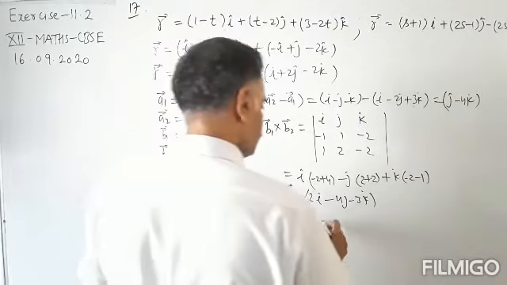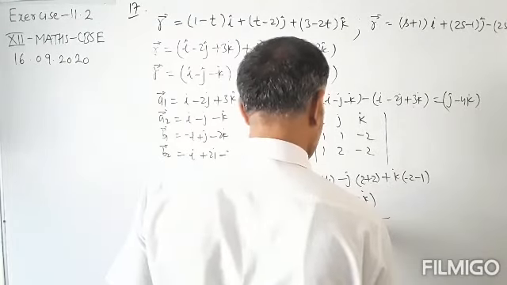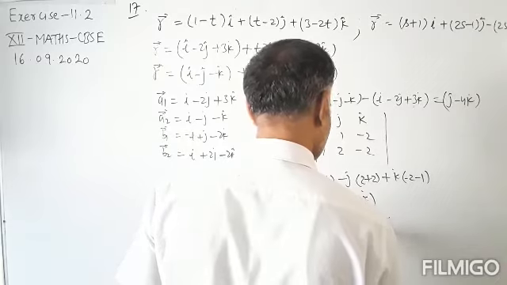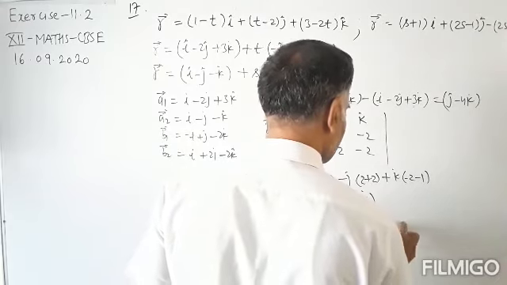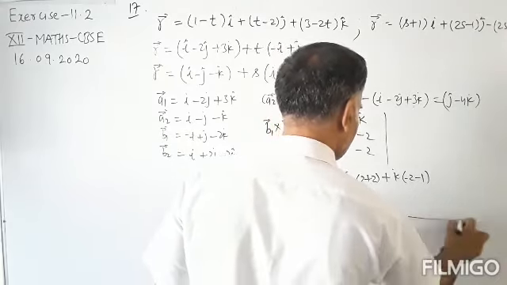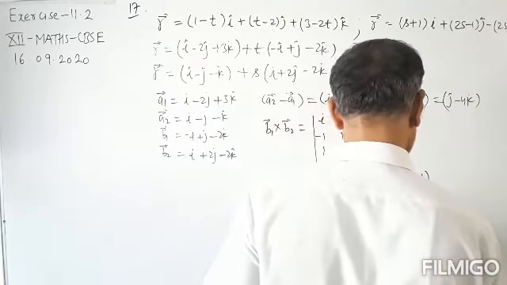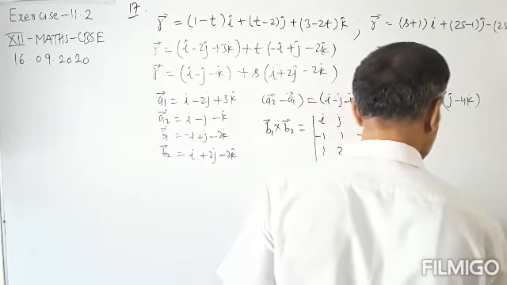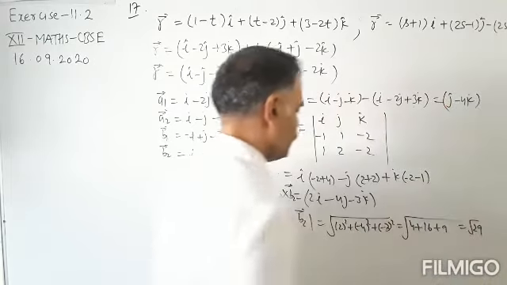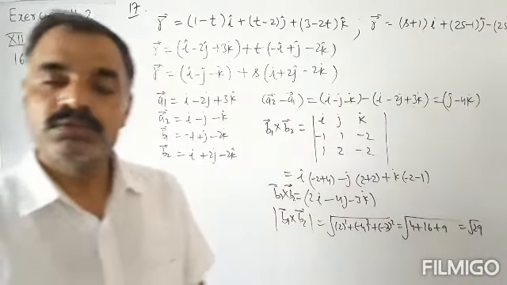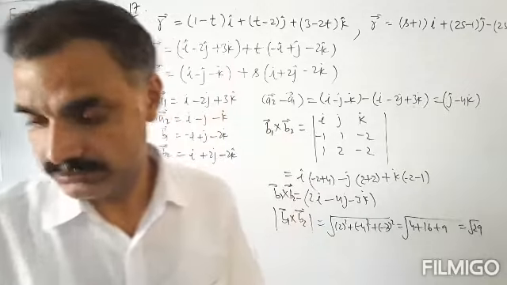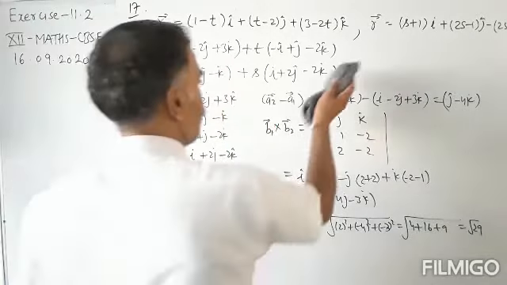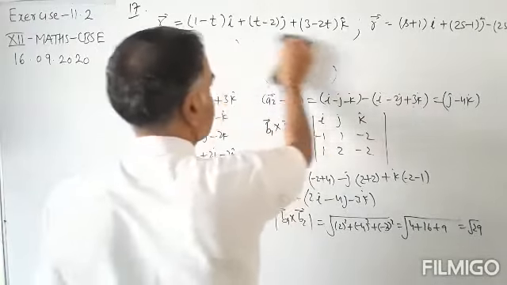This equals under root of 2 squared plus (minus 4) squared plus (minus 3) squared, which is under root of 4 plus 16 plus 9, that is under root 29. This is the magnitude. Now putting all these values in the shortest distance formula.